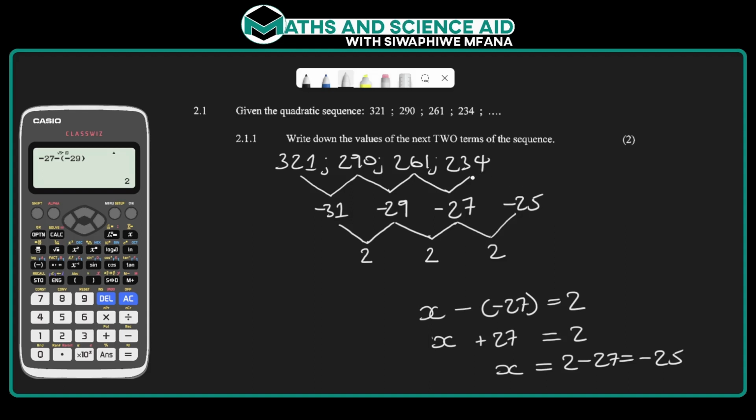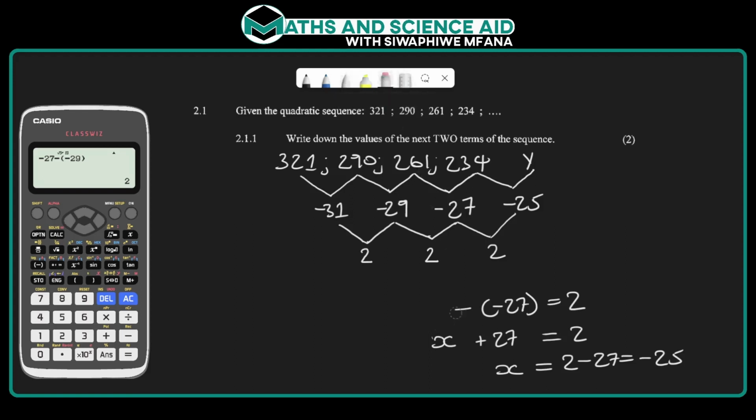right? And likewise, we know that this negative 25 is going to be the difference between 234 and the next term in our sequence. So we do not know it at the moment, we can call it y.